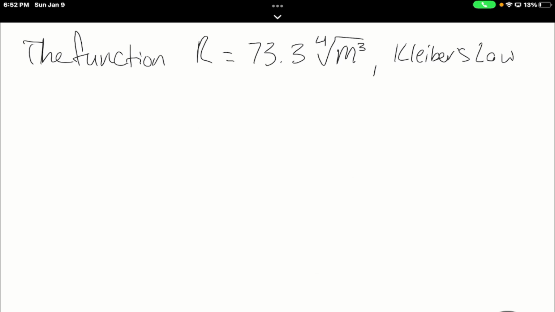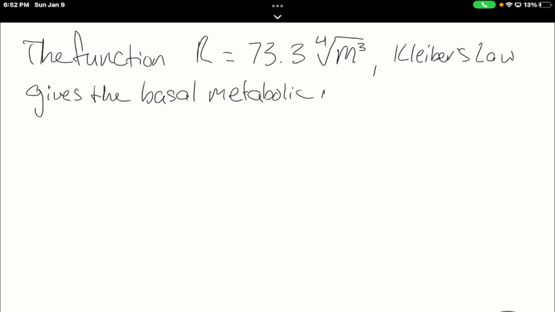And basically what it does is it gives the basal metabolic, oh, of course I can't spell. This is why I became a math teacher. Metabolic rate R. So R is the metabolic rate.